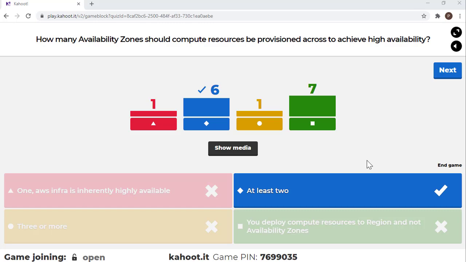The resources are deployed in availability zones and not region, so the last option is not correct. A specific region has multiple availability zones, and we choose the specific availability zone, though it is a logical name, in which the resources are provisioned. To make your application highly available, we provision resources in multiple availability zones so that if an availability zone goes down, your application is still available. So to make it highly available, it is at least two.